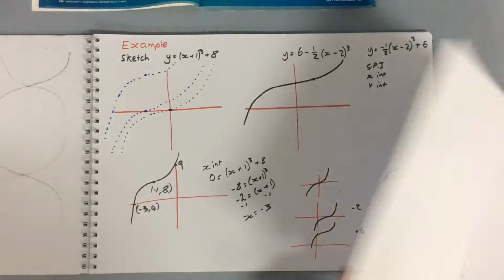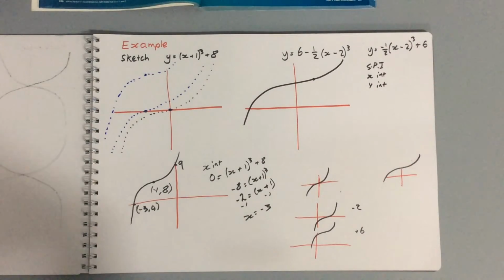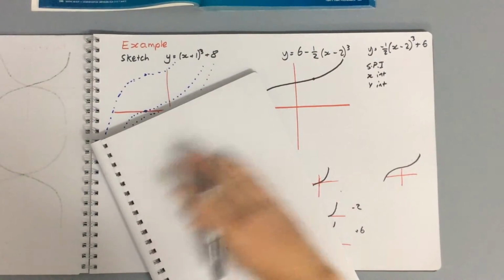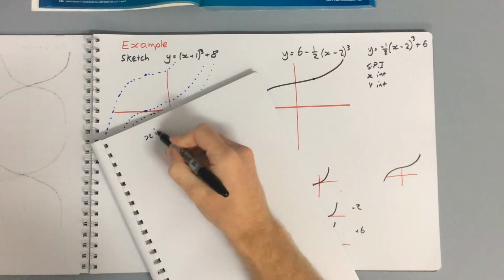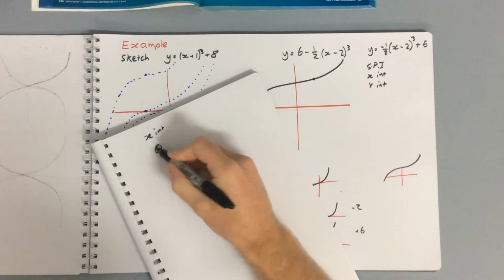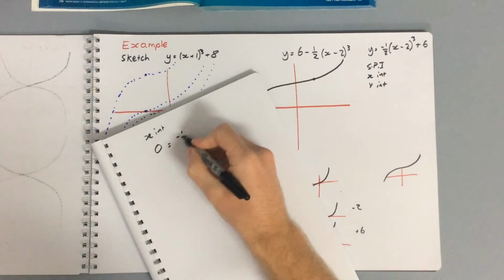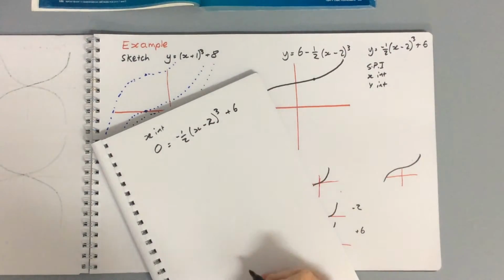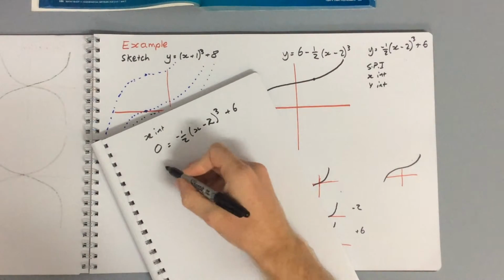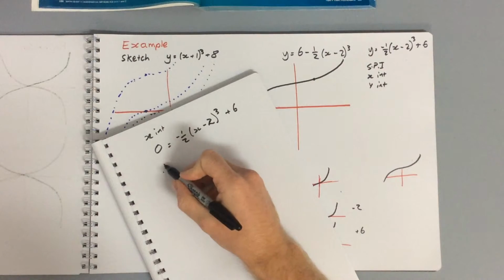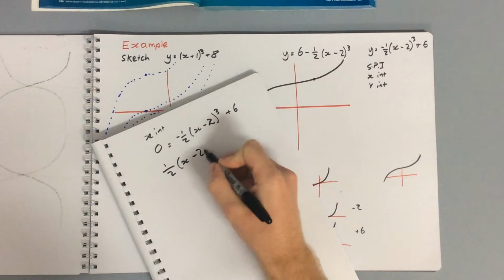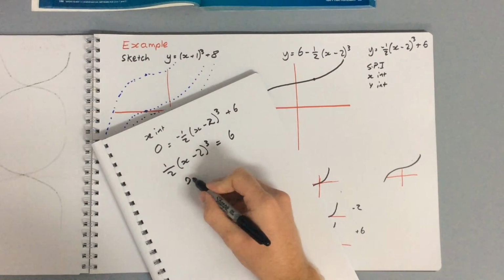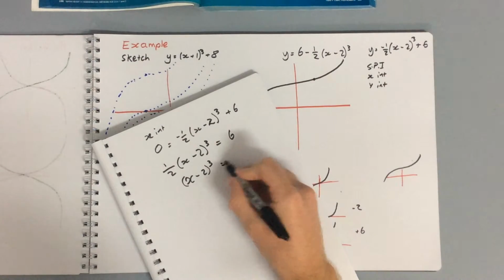Alright, let's have a look. Let's find the x-intercept first. So x-int, how do we find that? Well, we do that when y is equal to 0. Just rearranging it, we'll times by 2 to get rid of the half.